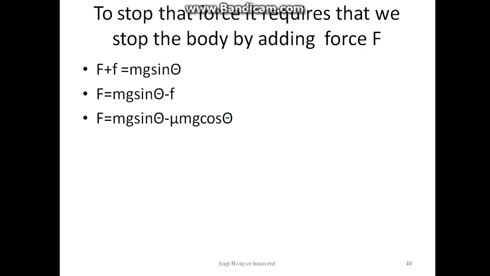Then F becomes mass times acceleration due to gravity sin theta minus coefficient of friction mu times mass times gravity cos theta. So F is equal to 49 minus 42.4, which gives F equal to 6.6 Newton.